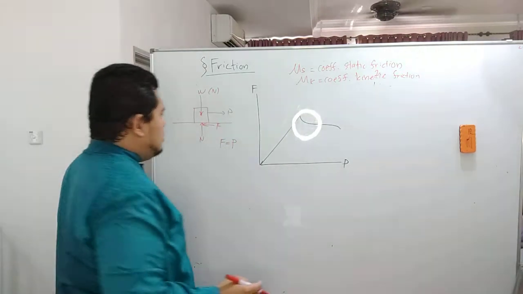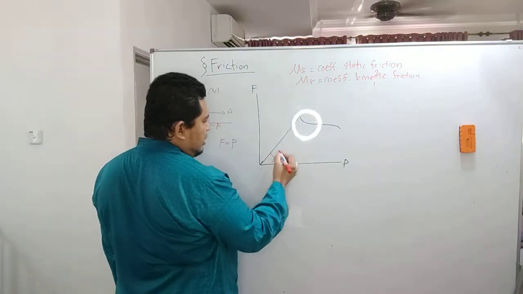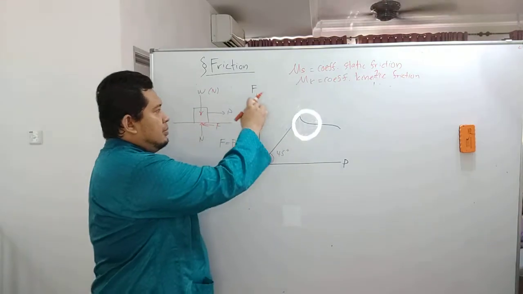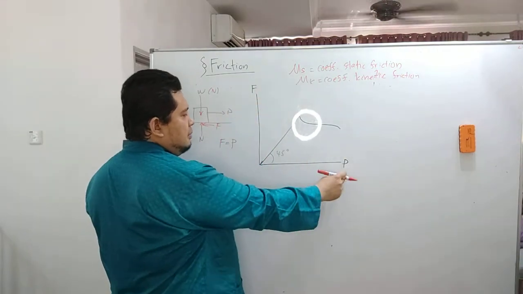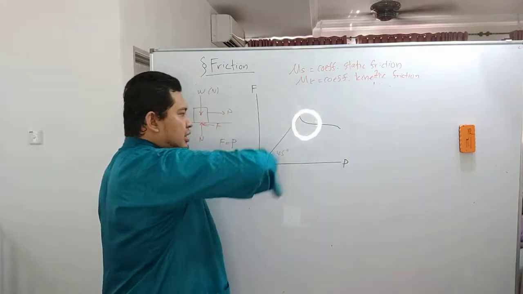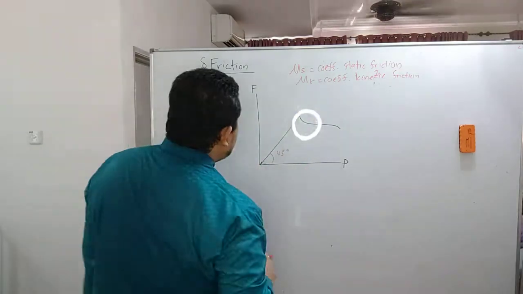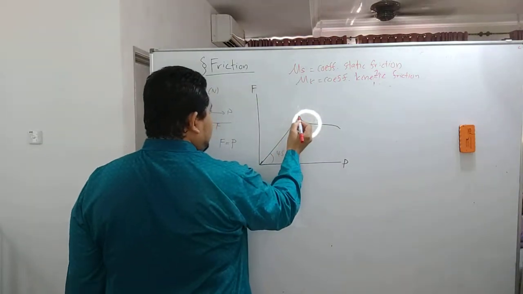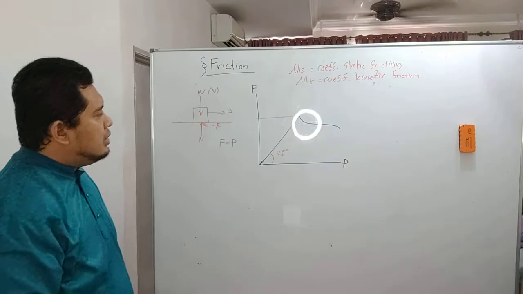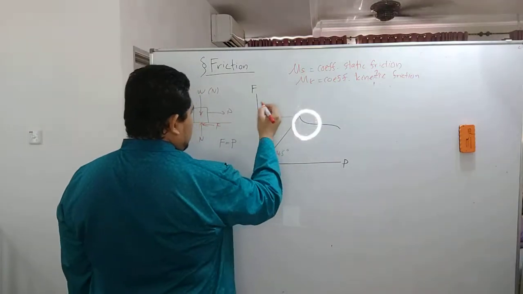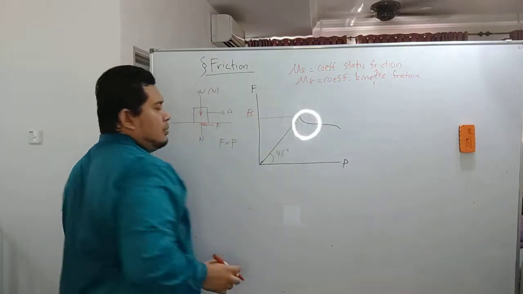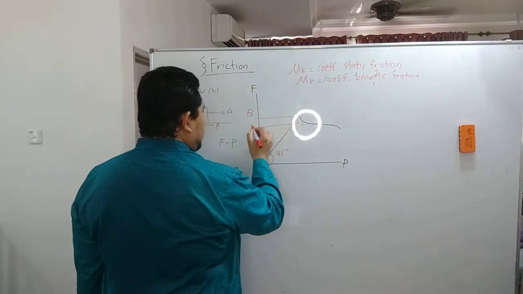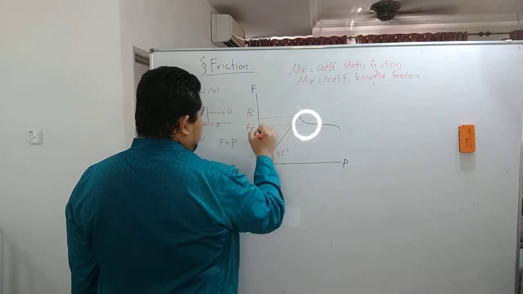In this graph it is approximately 45 degrees, so the friction force versus applied load should be consistently parallel, up until a certain point, where you have the static friction Fs, which is the maximum value, and then the kinetic friction.